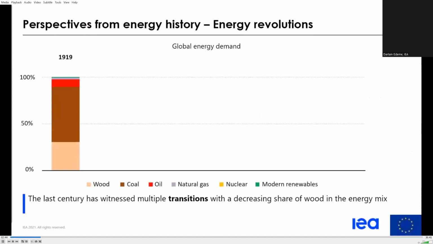Now, let's put things quickly into perspective and see how energy demand has evolved over the years. In 1919, wood accounted for around one-third of total energy demand.